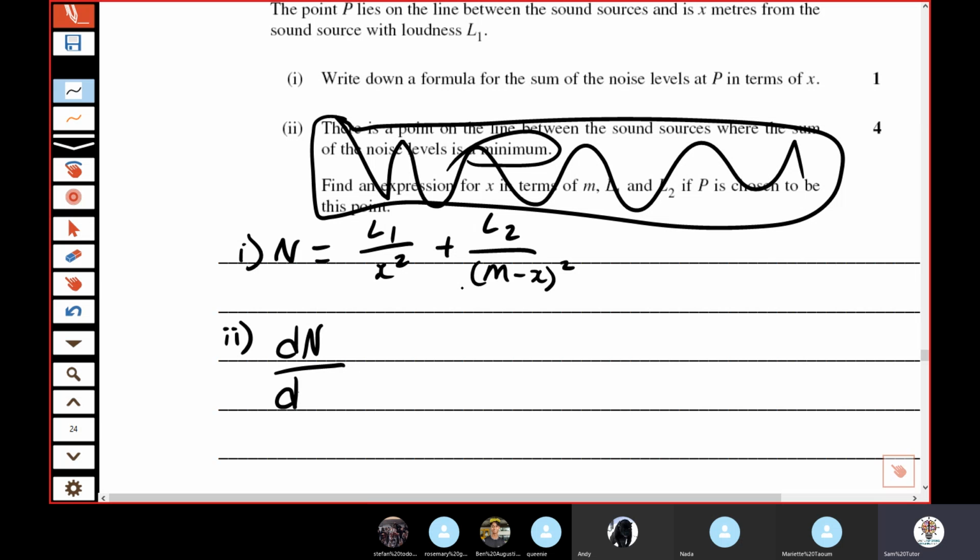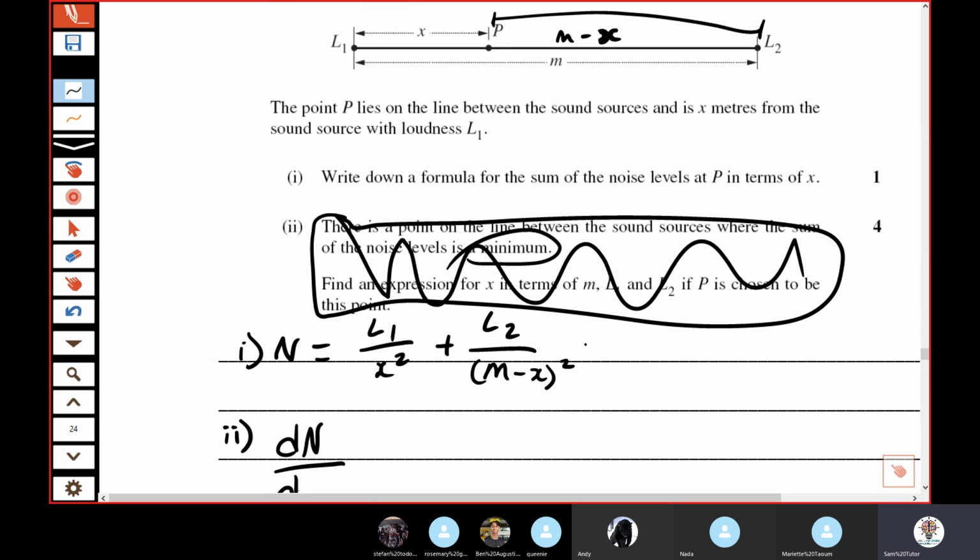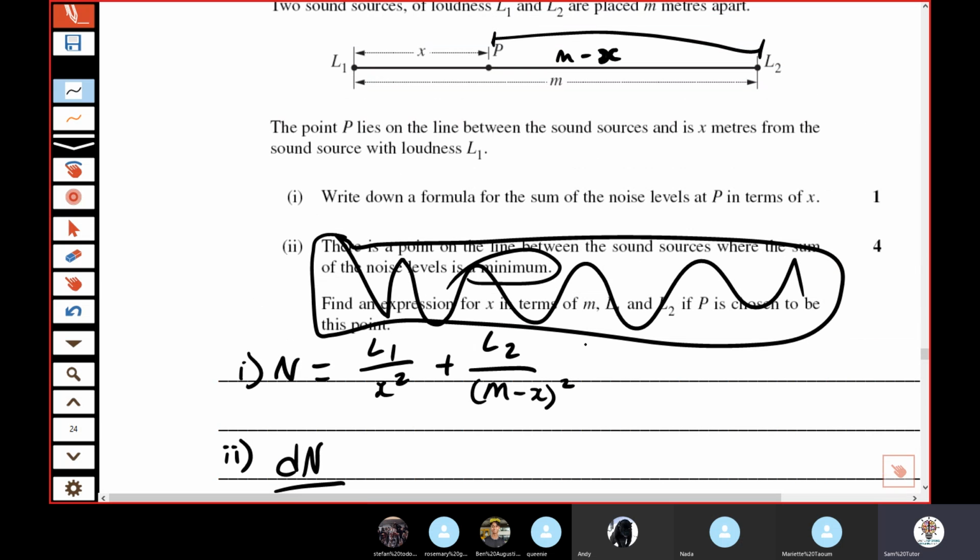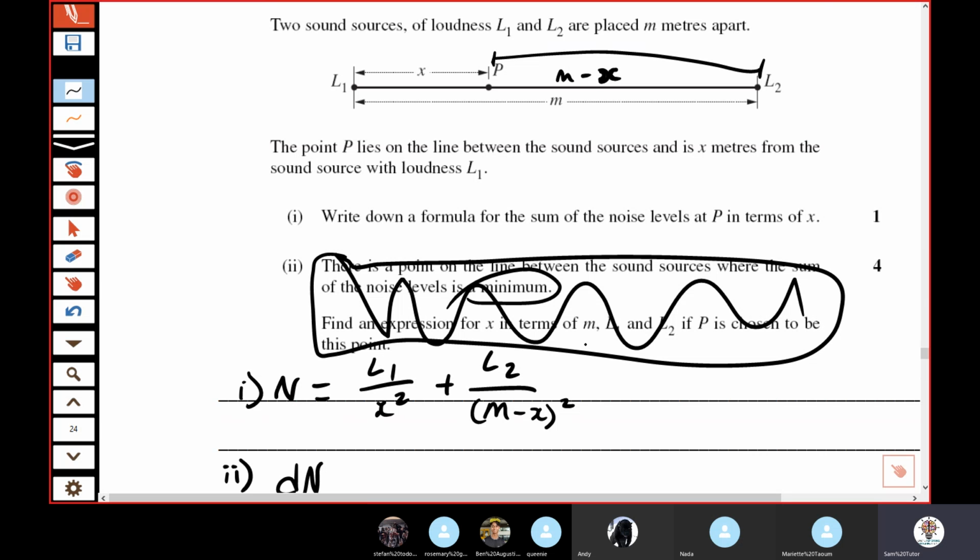Okay, good point. Good point, because I think I was looking at it going, well, there's a lot of letters. What letters are constants and which letters are variables? L is a constant, correct. It doesn't change. M, also a constant. M doesn't change. X changes.